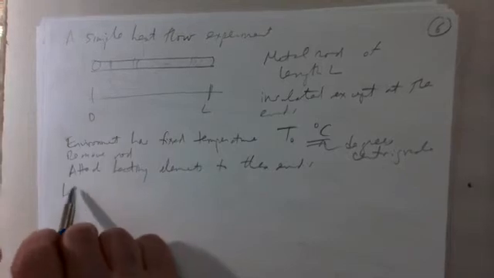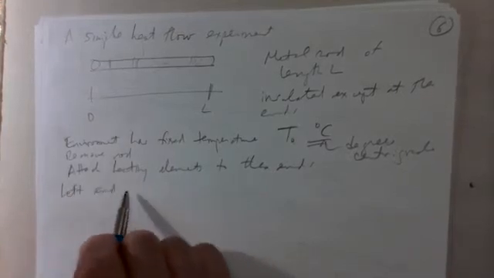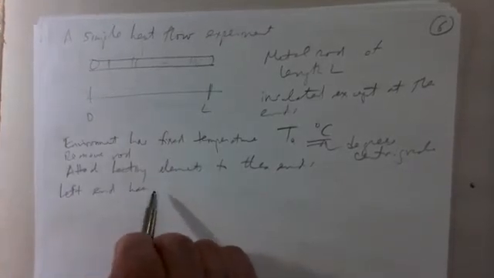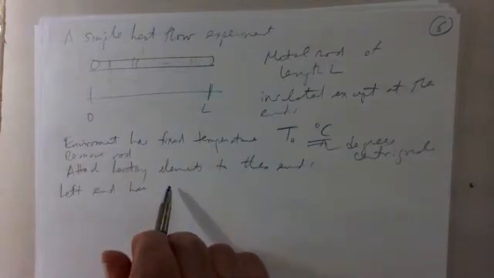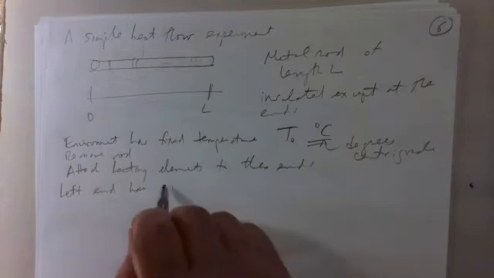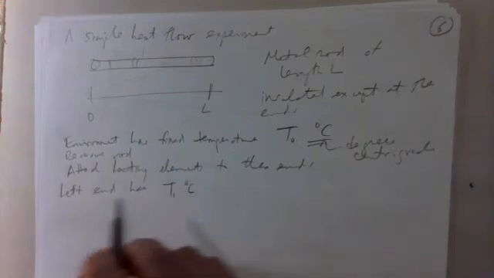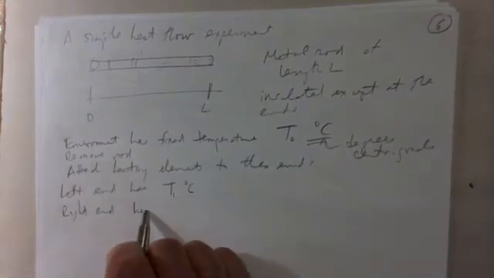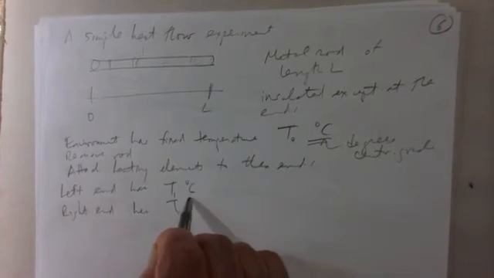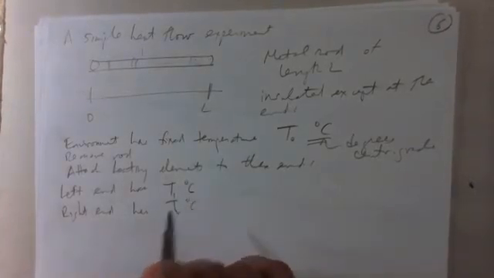So the left end has temperature T1 degrees. The right end has a temperature T2 degrees.